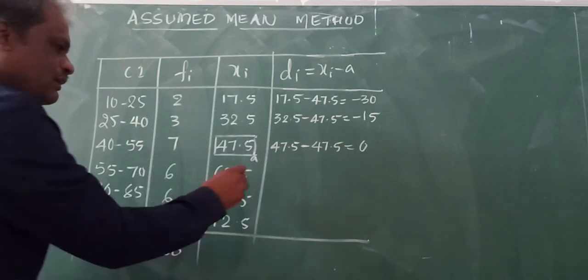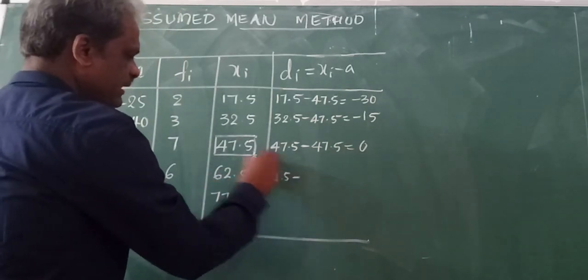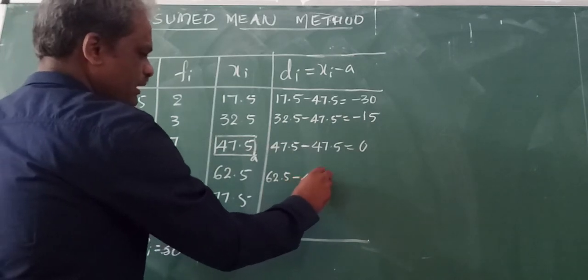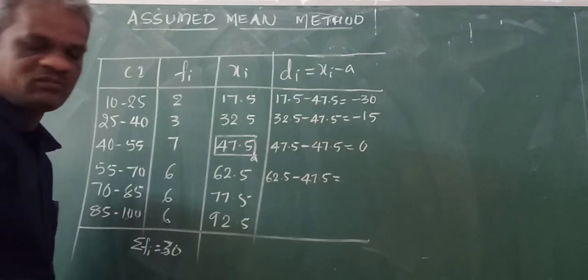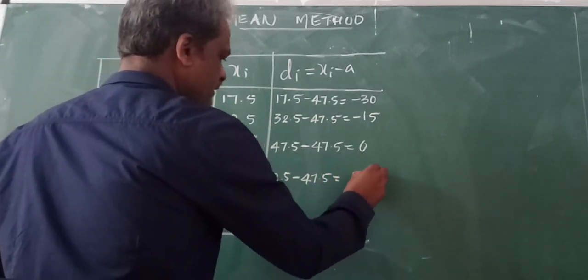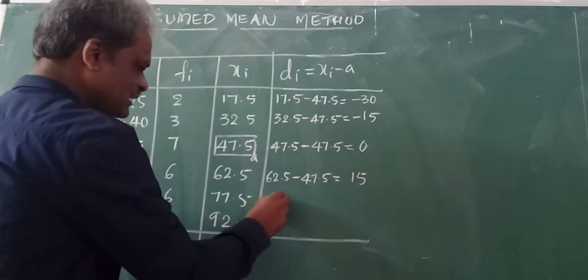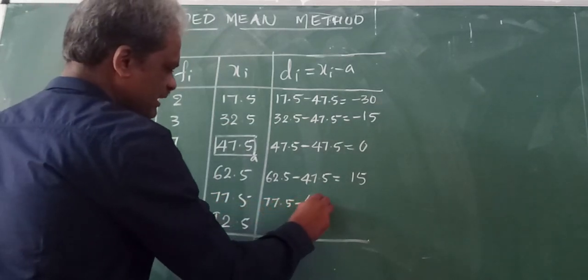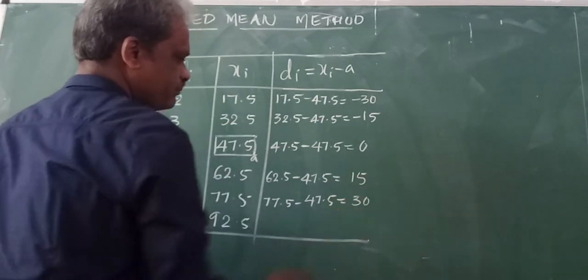Then 62.5 is the xi, 62.5 minus 47.5 gives a positive number, plus 15. Now xi 77.5 minus 47.5 gives plus 30.